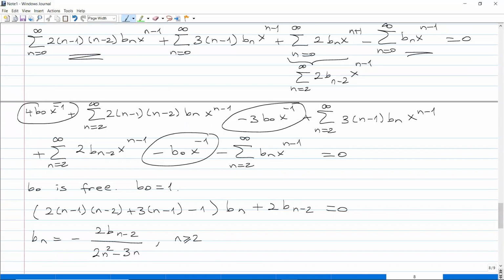In the last series, I put n equals 0 to get minus b0 x to the minus 1, but I should also put n equals 1. So for n equals 1, I have minus b1, just b1, because x to the power 0 is 1, and then n starts from 2.